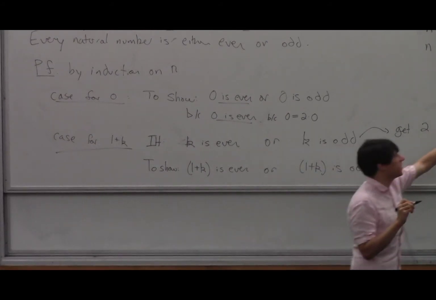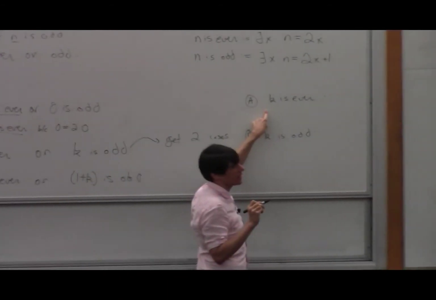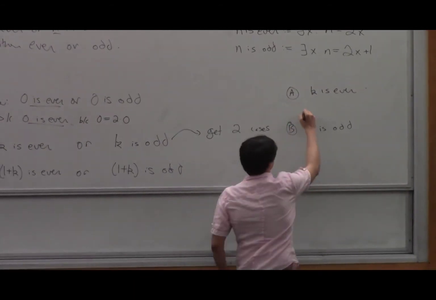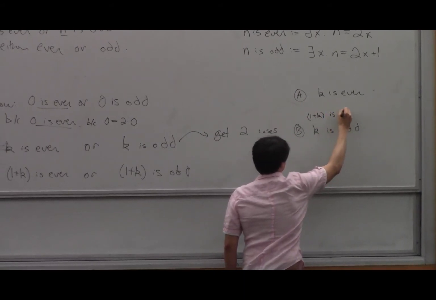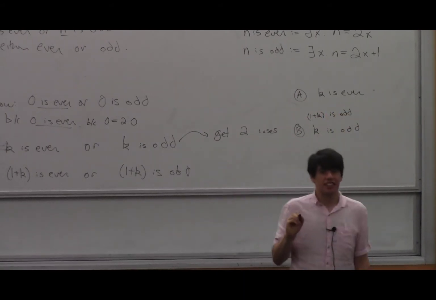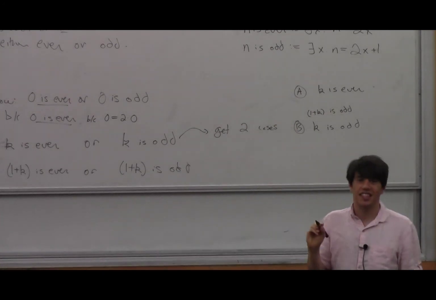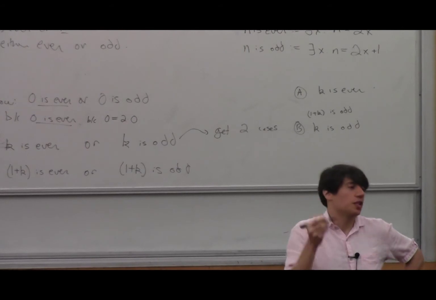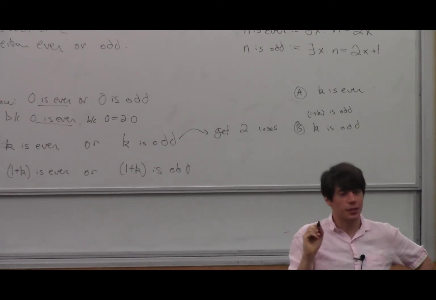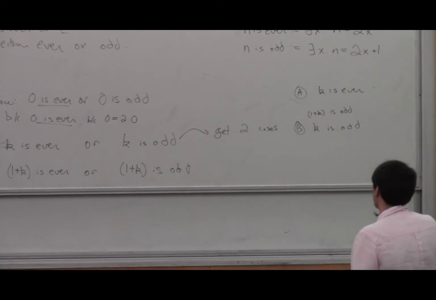Well, suppose k is even, then where are we going with this? We're trying to get that 1 plus k is odd, relying on your mathematical knowledge that the successor of an even number is odd, right? Not even. Of course, we could have tried to show the other thing, but hopefully we'd get stuck. So how do we get there?